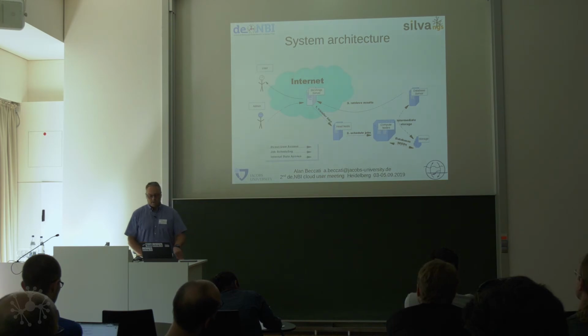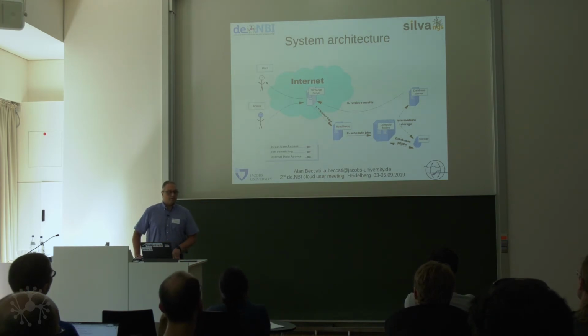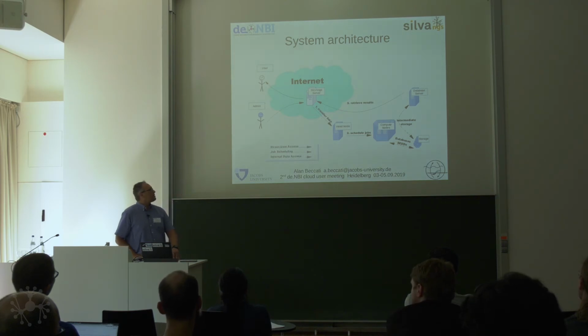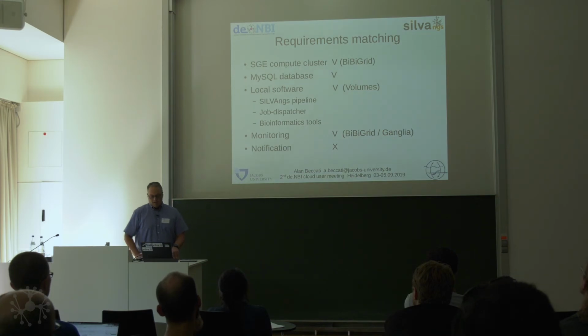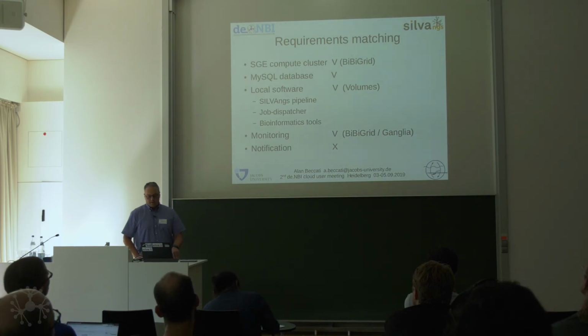So looking back at the system architecture, as I defined, practically we managed to recreate everything behind the web server on the de.NBI cloud using most of the de.NBI cloud tools that are provided. Let's have a look at the requirements we had and how they got matched by using the de.NBI cloud.